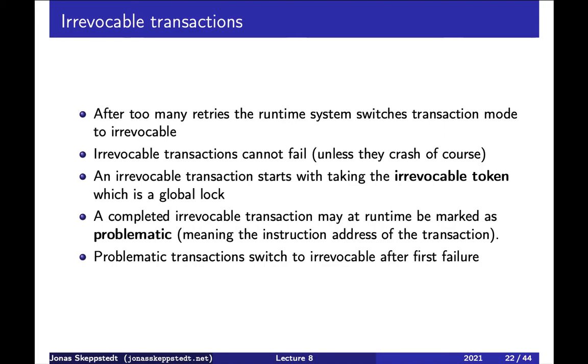Instead, it can be marked as problematic, and what is saved then is the start address of the transaction, so that it can be identified uniquely. And then for future failures, a problematic transaction can switch to irrevocable at the first time, instead of doing many tries.